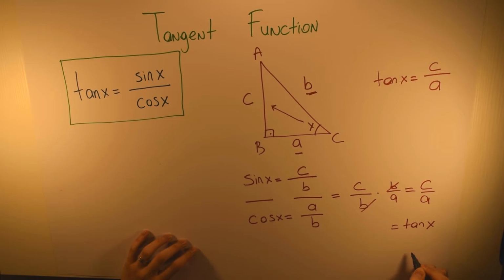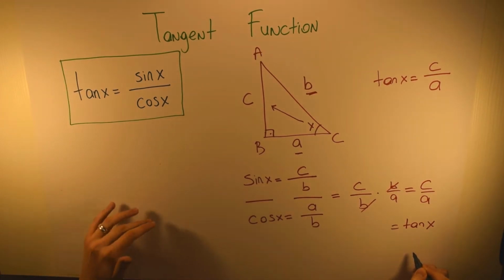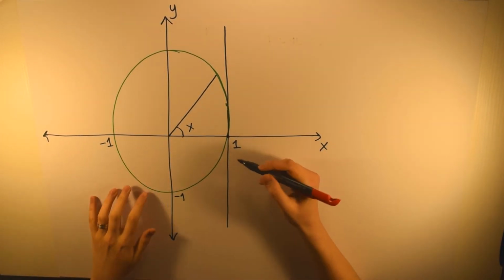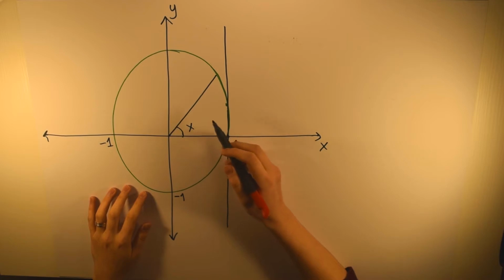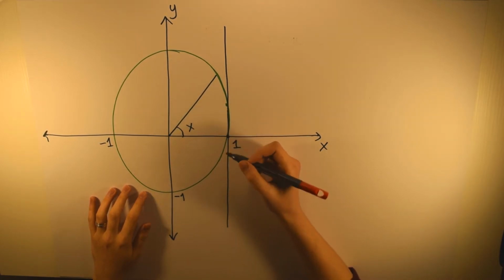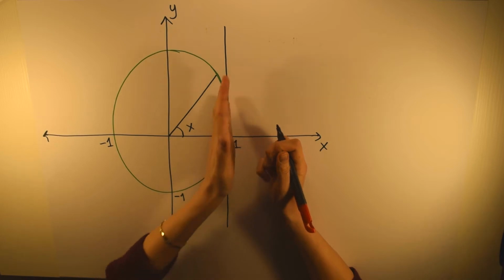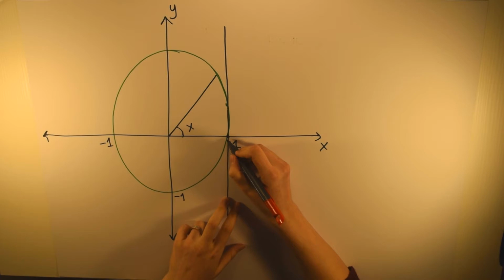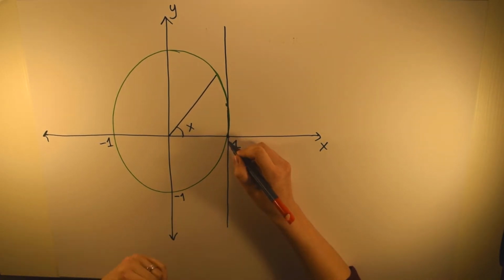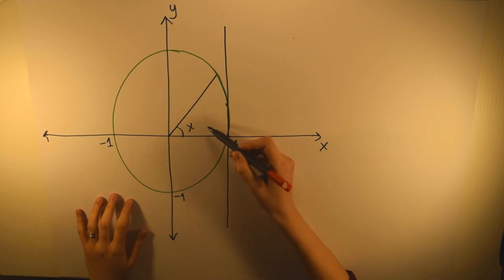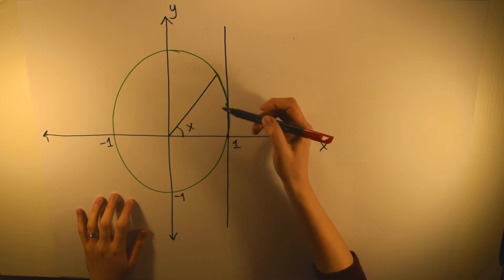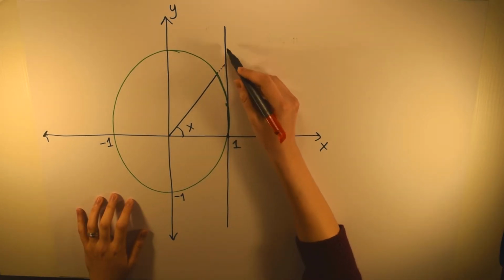Now let's see how the tangent function looks on the graph. Let's say on the unit circle we draw our angle x, and we want to find the tangent function. To find the tangent, we draw a line parallel to the y-axis, and it should touch the circle at this point. All you have to do is make your radius longer, until it reaches this line.